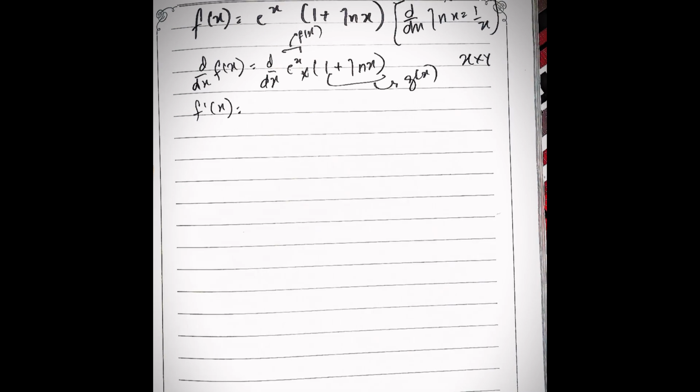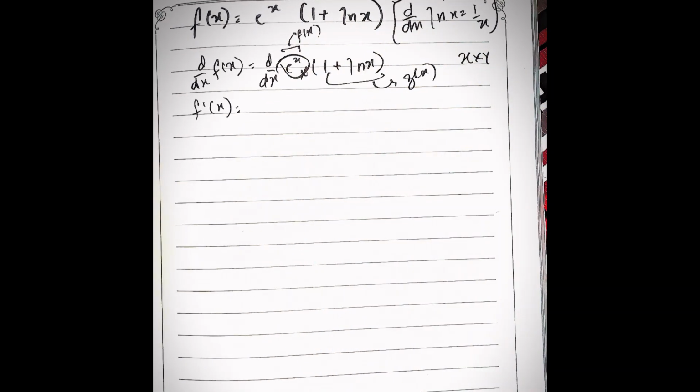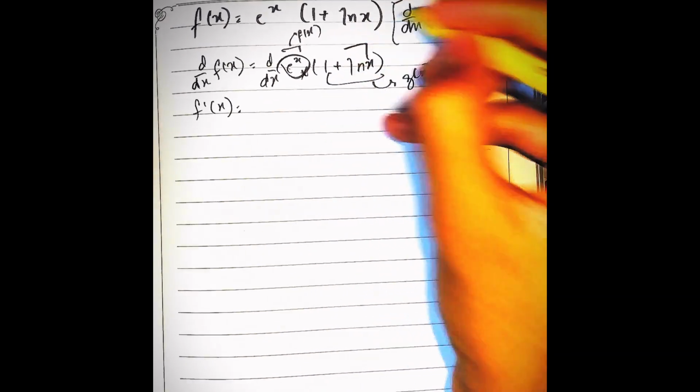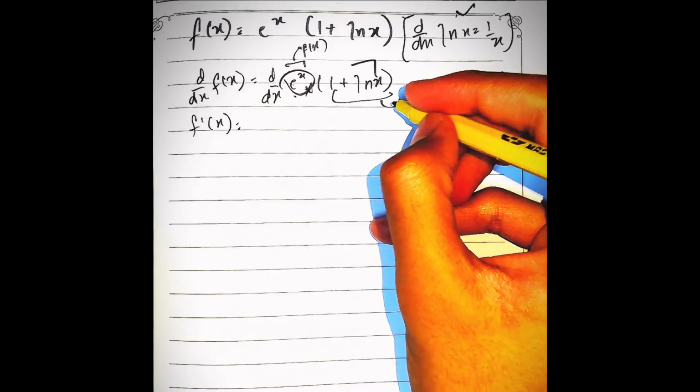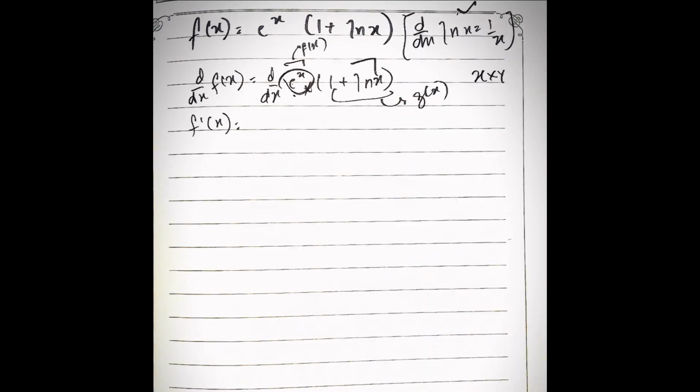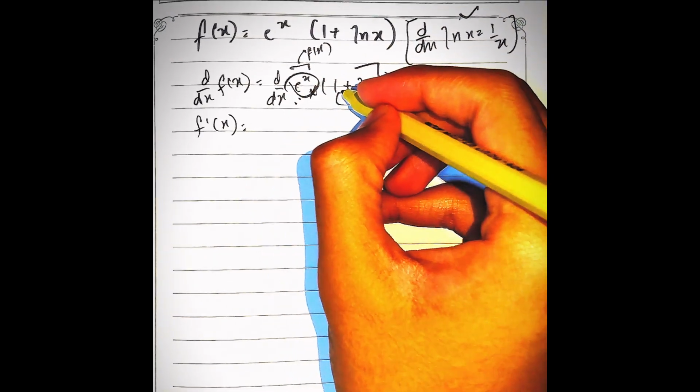So e is one identity, log of x is another identity. If you have those two things in one expression, it means it consists of two functions, and the first function is e^x, and the second function is 1 plus natural log of x.